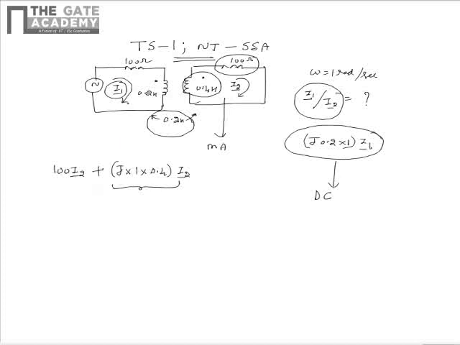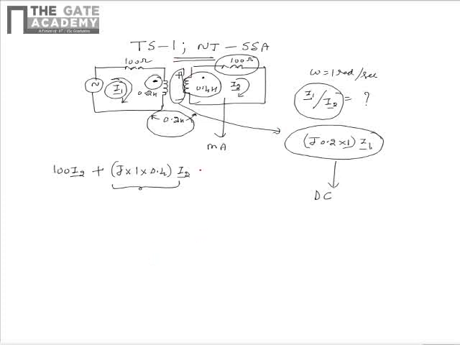From this logic, we see that the current I1 is entering the dotted terminal of coil 1. Hence, the voltage drop due to the mutual inductance will be sensed positive at the dotted terminal of the second coil, and the polarity will be as shown, and the magnitude of the drop is J multiplied by 0.2 multiplied by I1.